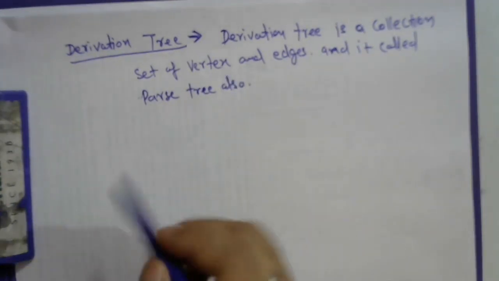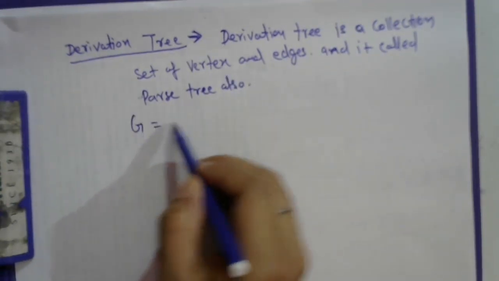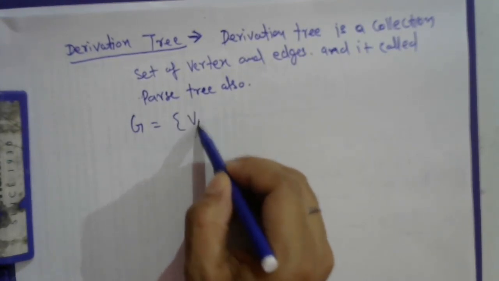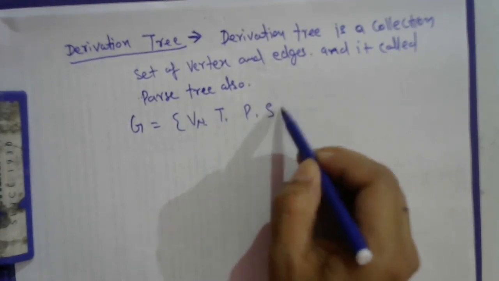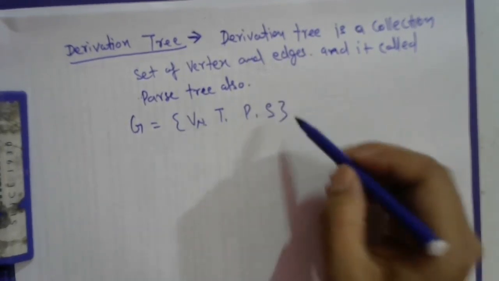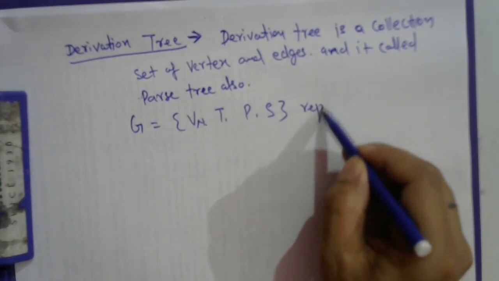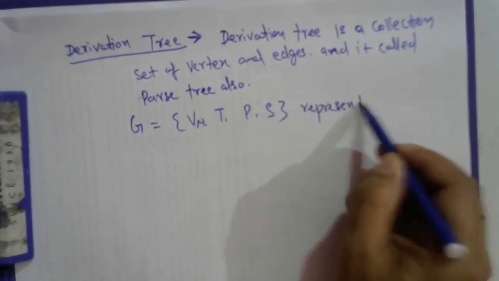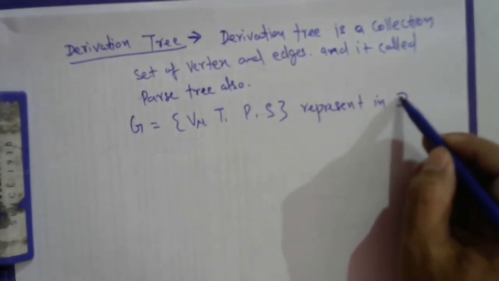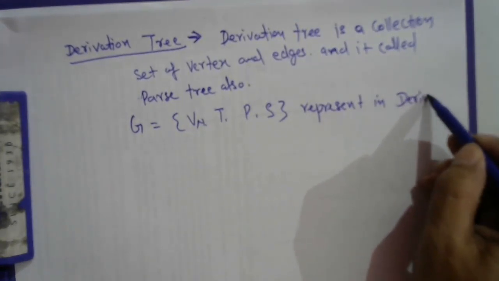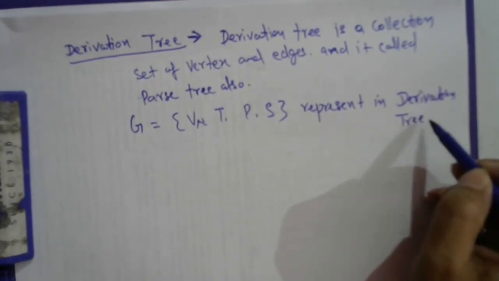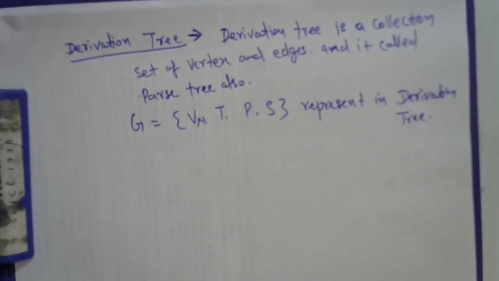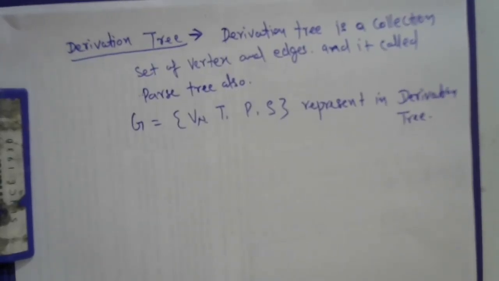The basic format of a grammar is G equal to VN, T, P and S. This grammar can be represented in a derivation tree. Now, how can we represent the grammar in the derivation tree? What is the nomenclature for this? We simply define some rules.